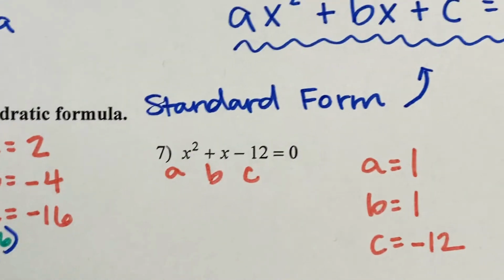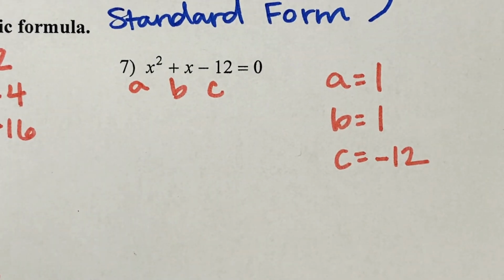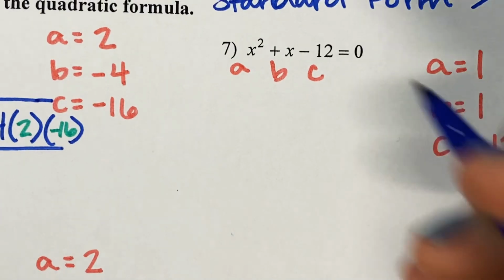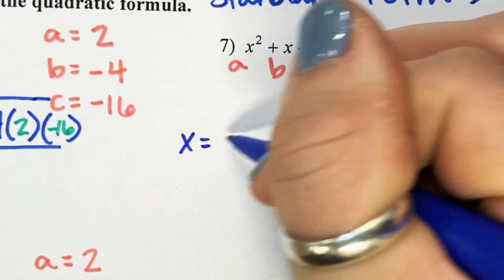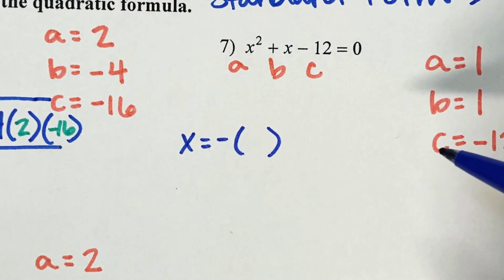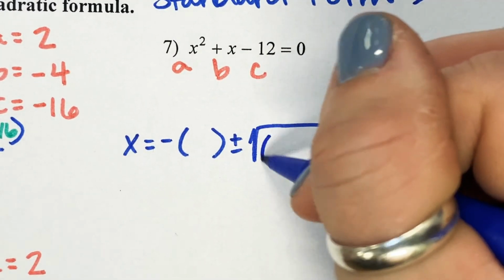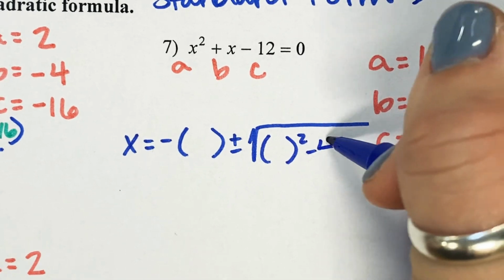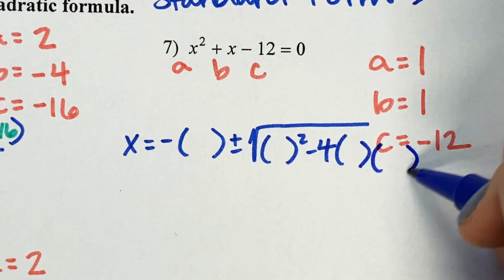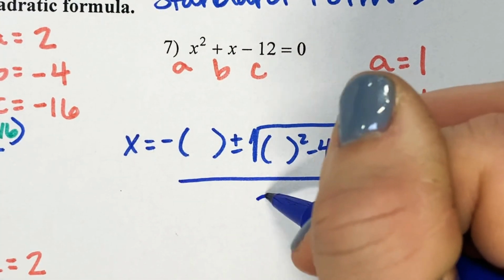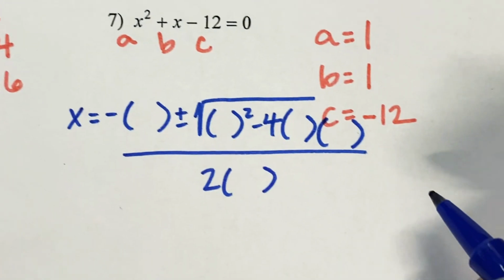Okay, so let's do it again on number 7. Let's copy down our quadratic formula. X is equal to -b, instead it's a space, plus or minus the square root, b squared minus 4 times a times c, all over 2 times a.